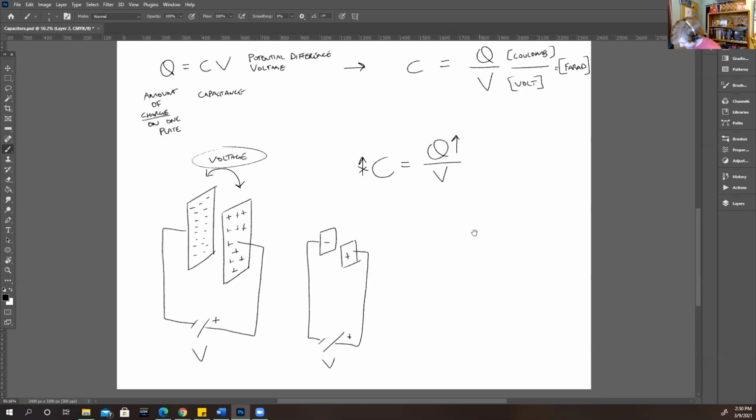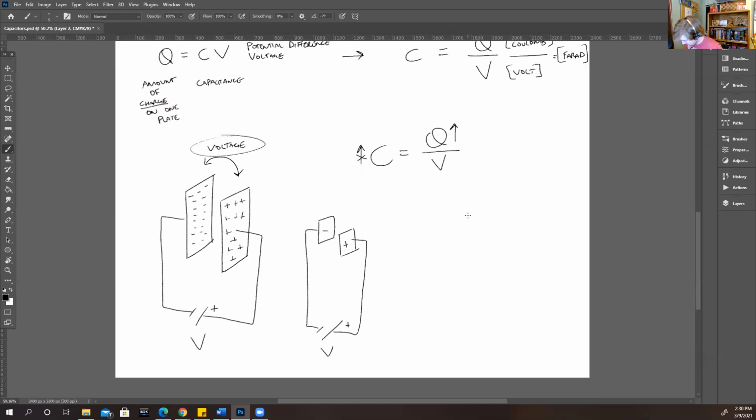What's actually happening is that as the charge increases, the amount of voltage across the two also increases.